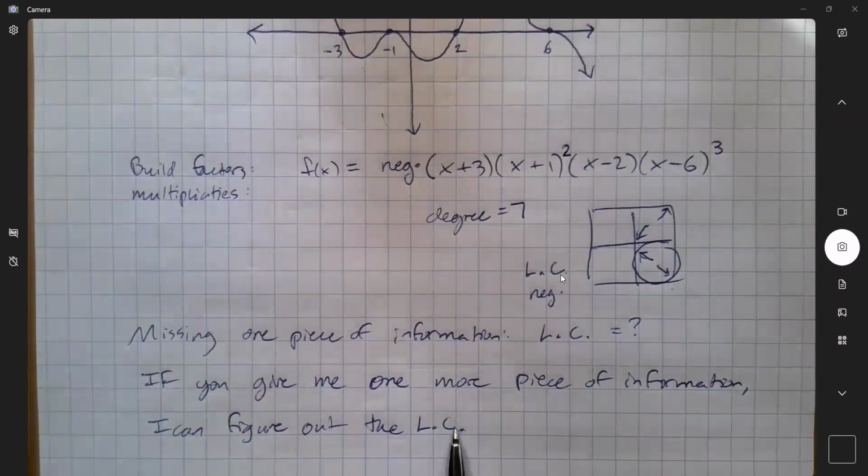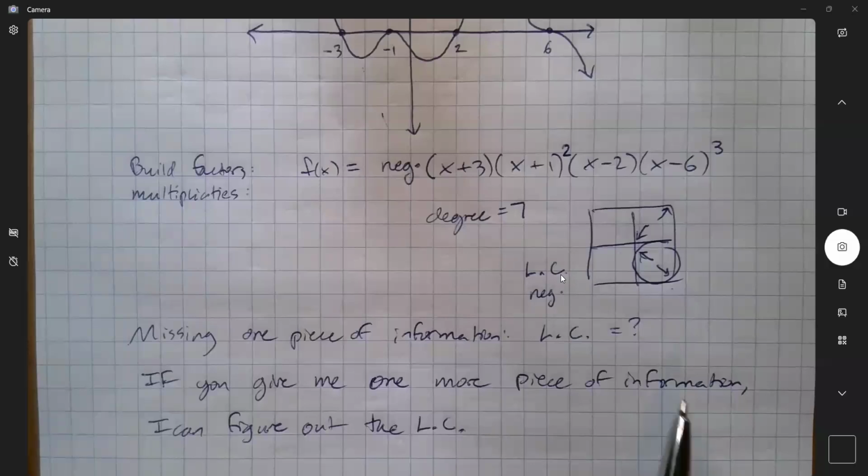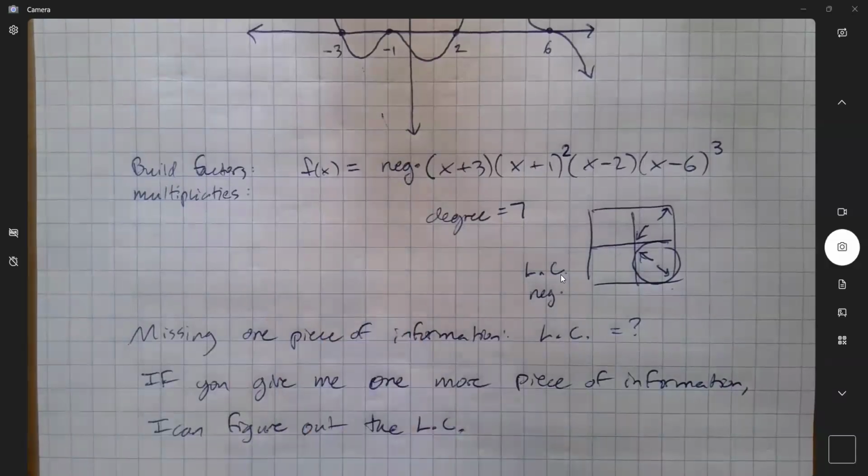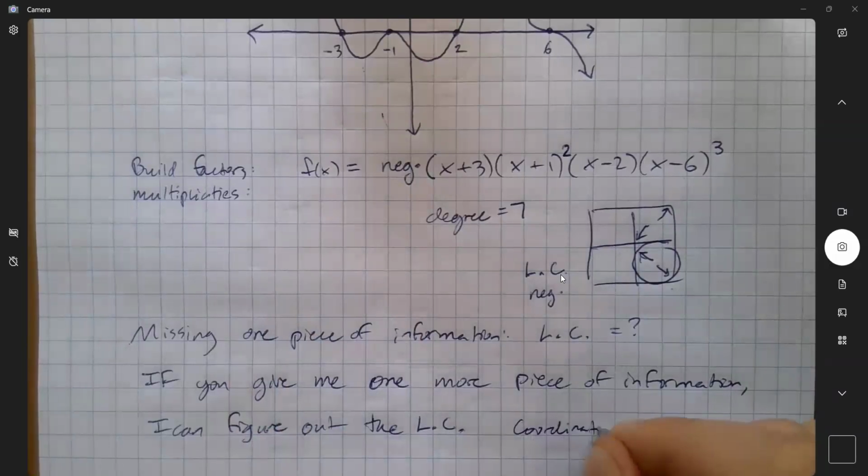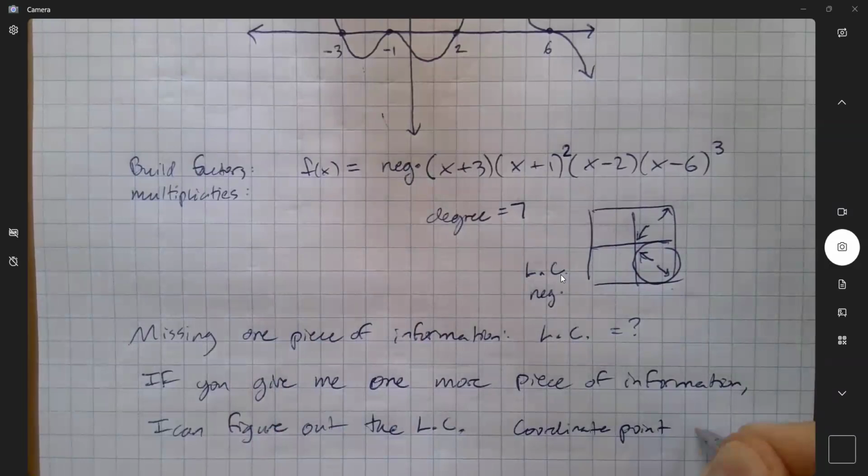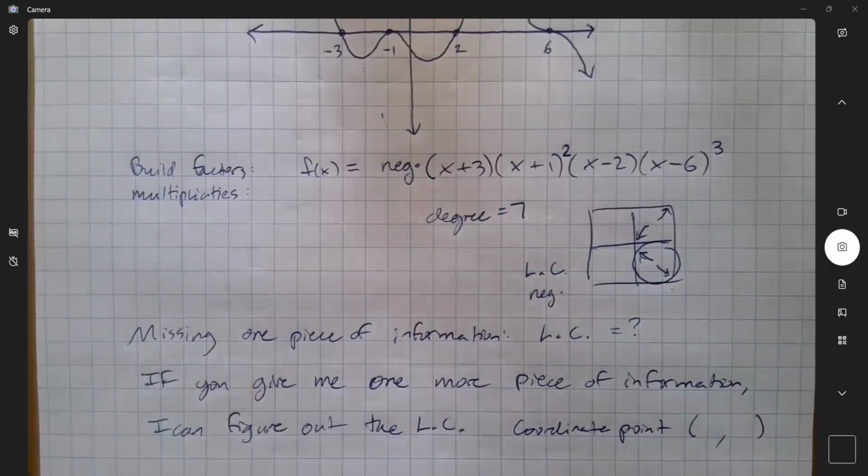Now, if I was really nice, that missing piece of information would be exactly the leading coefficient, but that's not usually how it works. Usually you get a coordinate point, some extra piece of information written as an XY coordinate point.